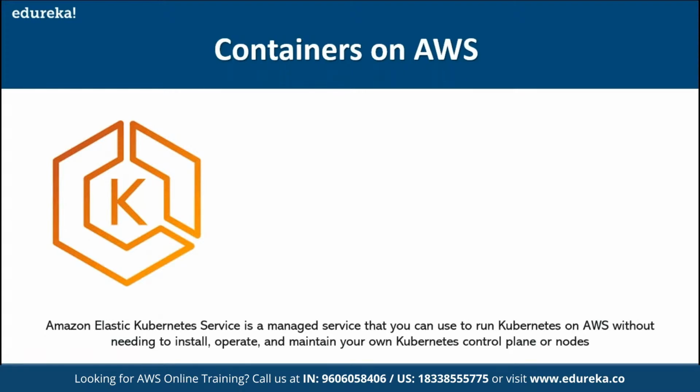And EKS is a managed service that you run on AWS without needing to install, operate, or maintain your Kubernetes control plane or nodes. Basically, Kubernetes is an orchestration tool. When I say orchestration tool, that means it is a management tool. Suppose you have created your containers and you want to manage those, because creating a container is not very difficult.